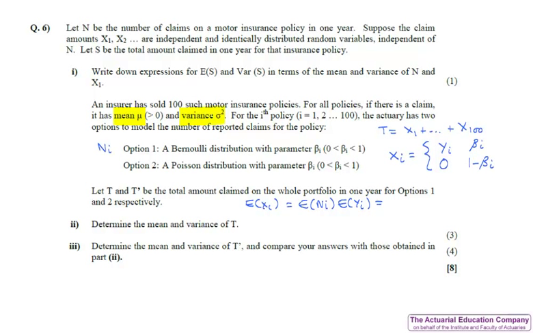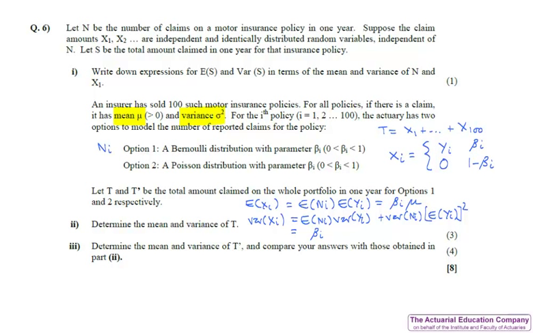The mean of a Bernoulli with parameter beta i is beta i, and the mean claims we were told was mu. Similarly, for the variance, we'll have E of Ni times variance of Yi plus the variance of Ni times E of Yi all squared. E of Ni is the mean of a Bernoulli, which we said was beta i.